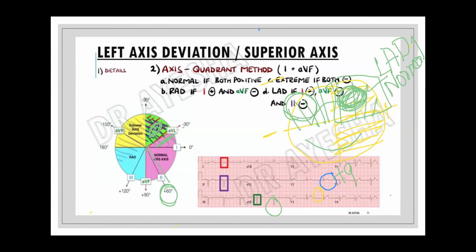So what you are going to see is, if lead 2 has positivity, that means the axis you are getting in this quadrant is in this region. If lead 2 is positive, it indicates it is part of the normal axis.